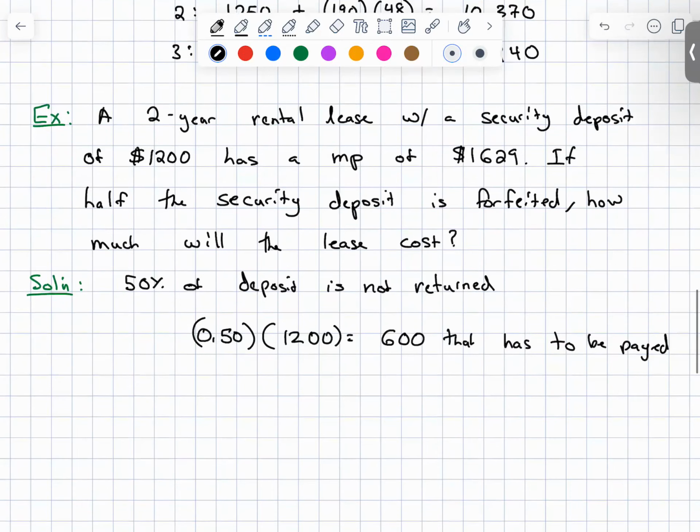And then $1,629 per month times 24 months. That ends up being $39,096.